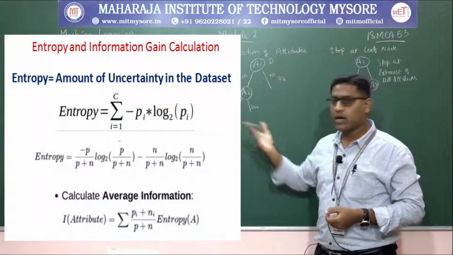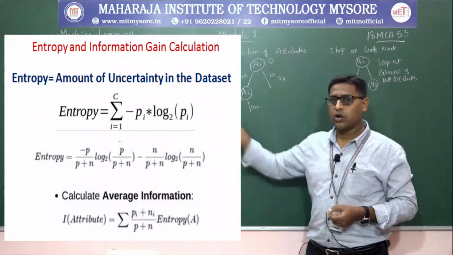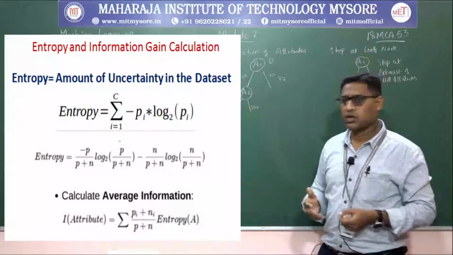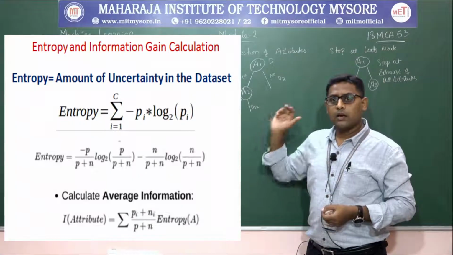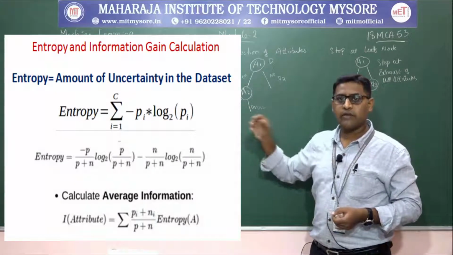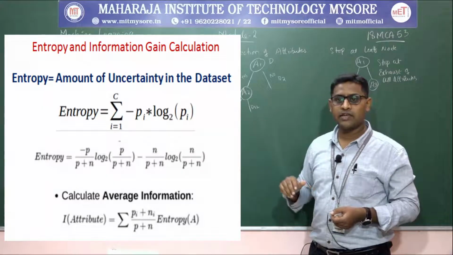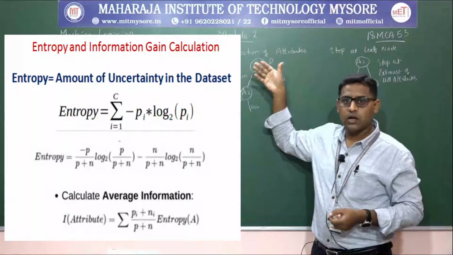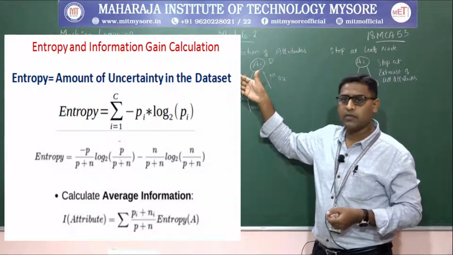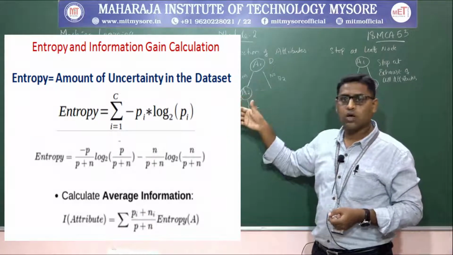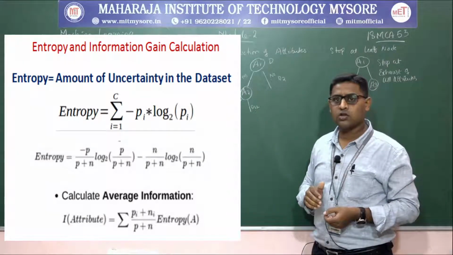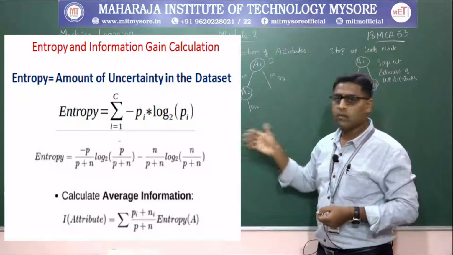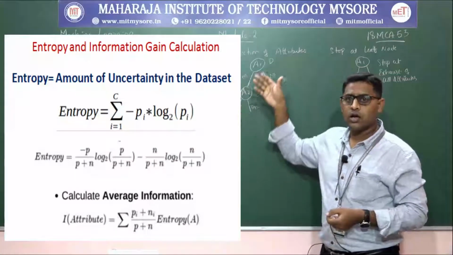But when it is elaborated, the formula is entropy equals the proportion of p plus n, where p is positive examples and n is negative examples. For the tennis data set, p means yes and n means no. Out of 14 rows, how many p's, or yes, are present, and how many n's, or negative examples?